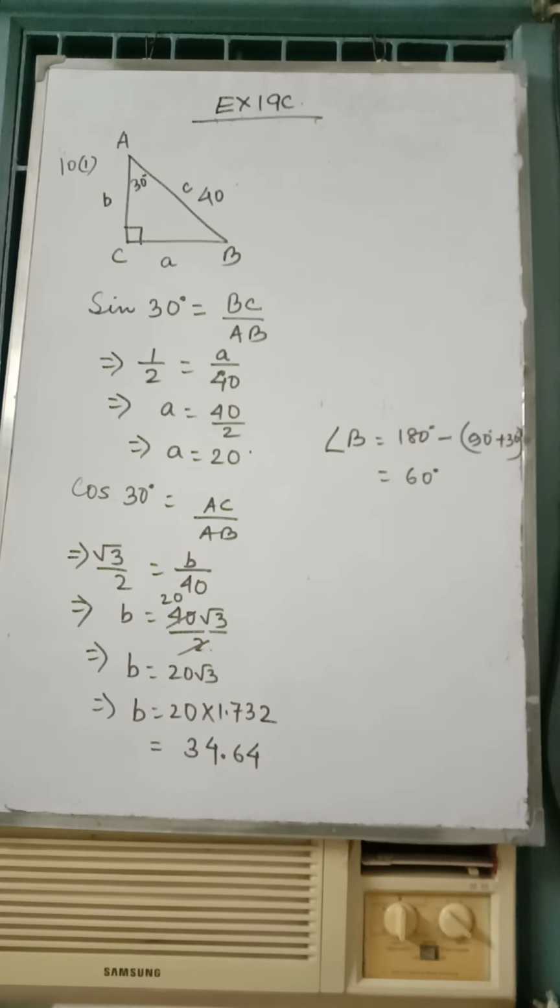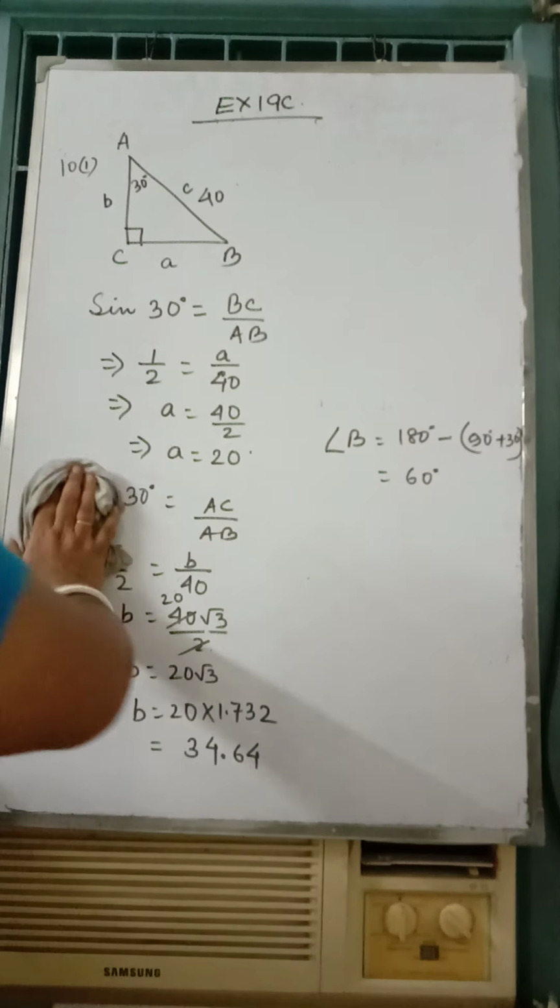Question number 11, it says 4 sin square theta minus 1 is equal to 0. If angle theta is less than 90, find the value of theta, hence the value of cos square theta plus tan square theta. Question number 11.